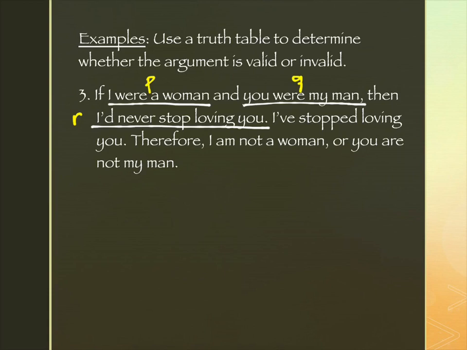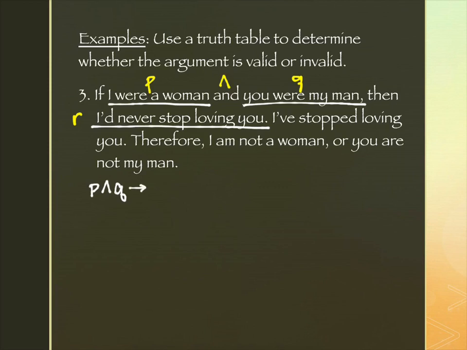So this one first says, if I were a woman and you were my man. And means I actually have the symbol like that, right? Okay. So at the very beginning, it says, if I were a woman and you were my man. That's P and Q. But it also has an if at the beginning, and it says, then something, right? So then what?